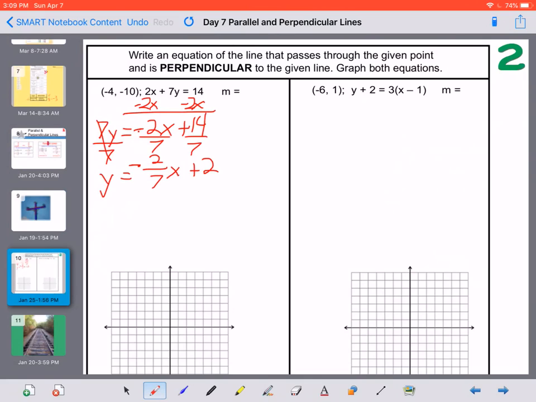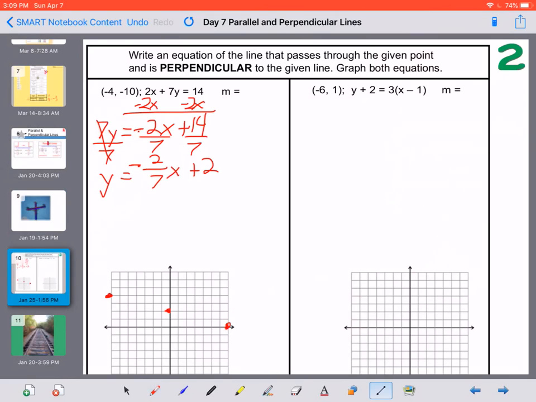So we can graph that by starting at 2 and then going down 2 and over 7. So down 2, 1, 2, 3, 4, 5, 6, 7 will give us there. Opposite of that is up 2 and over the other way 7.